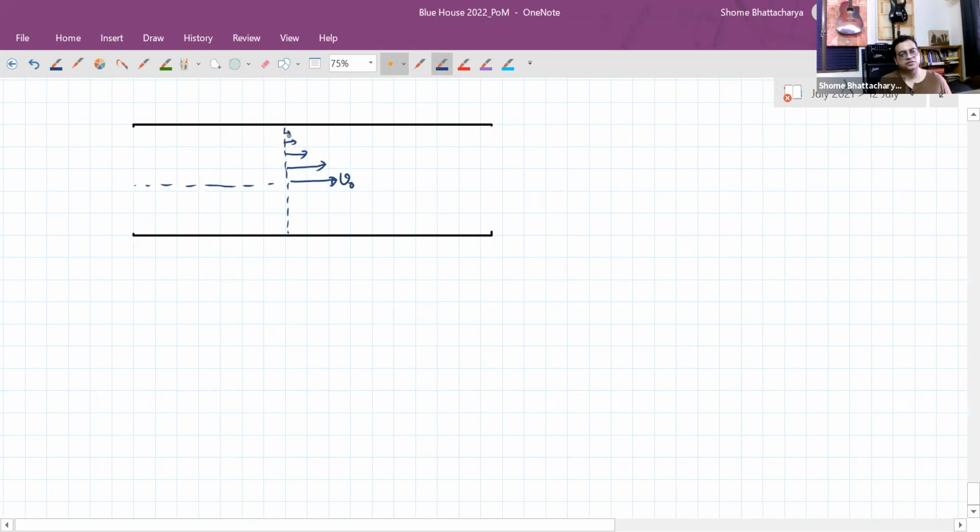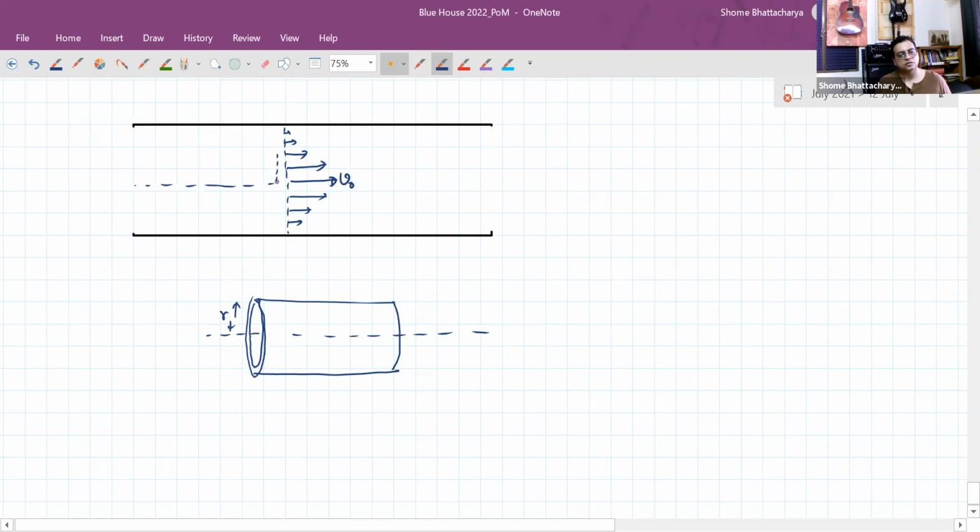So the velocity is varying with radial distance as we discussed before. Now imagine you have a cylindrical shell of liquid which is at a radial distance r from this axis.